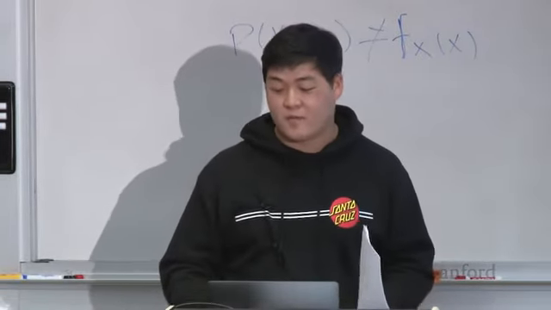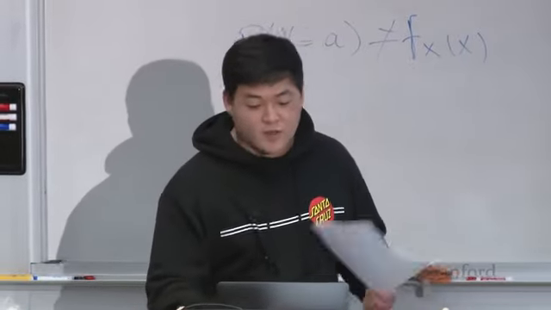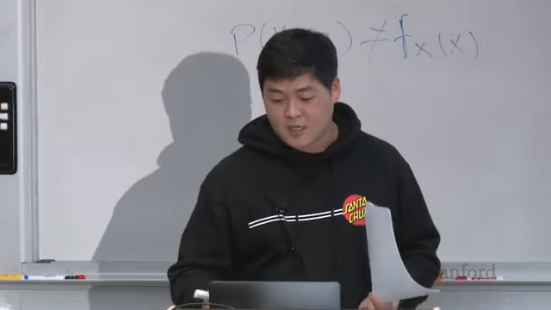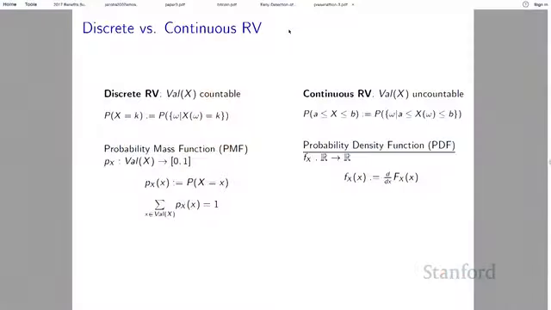And analogous to the probability mass function, we have the probability density function, which is the continuous form and has many of the same features. I'll talk a little bit about the cumulative distribution function, but for now, the probability density function is a derivative of the cumulative distribution function, as I talked about.